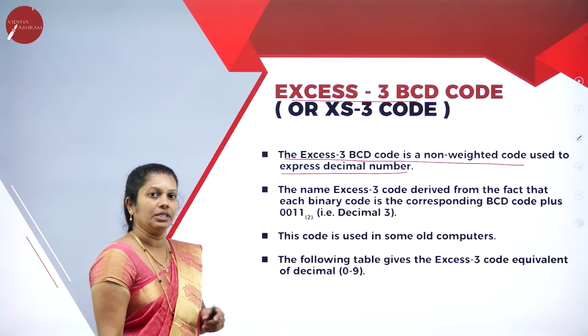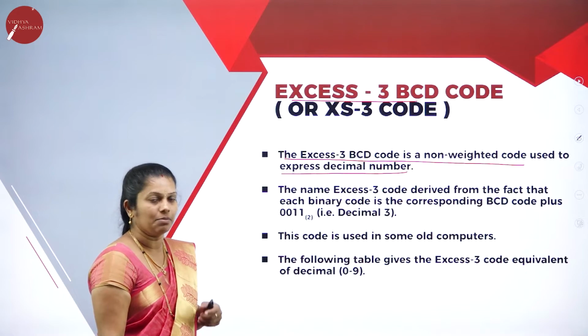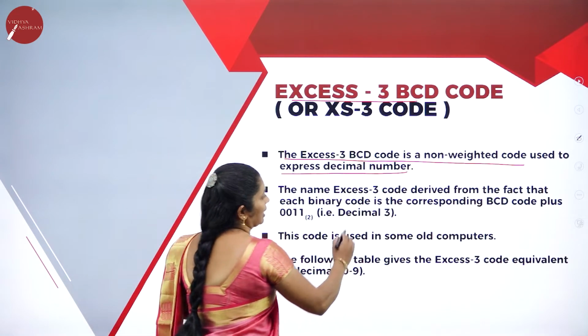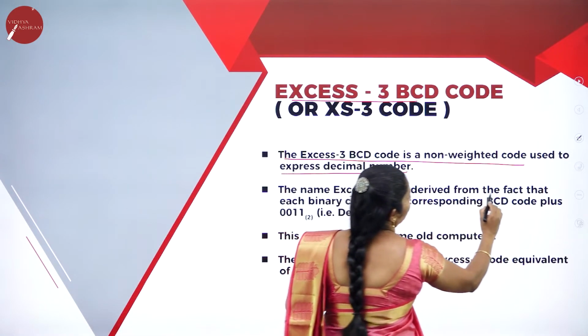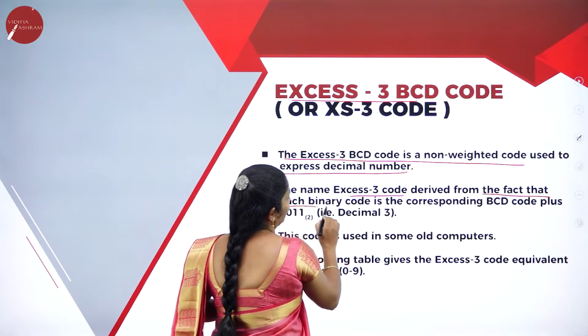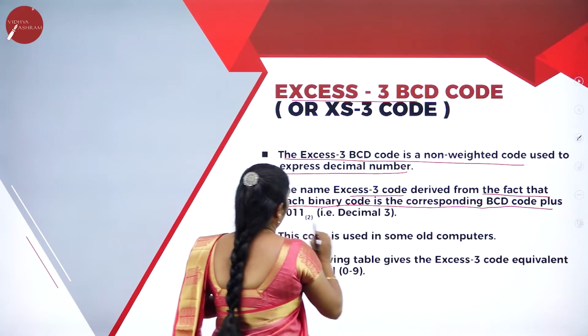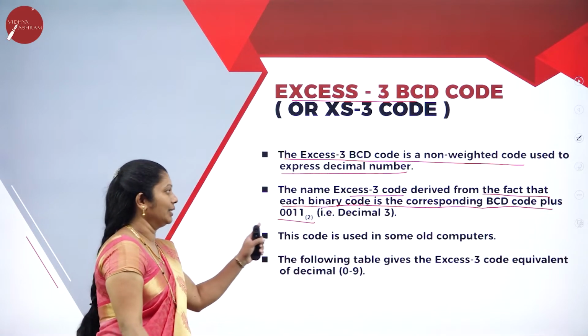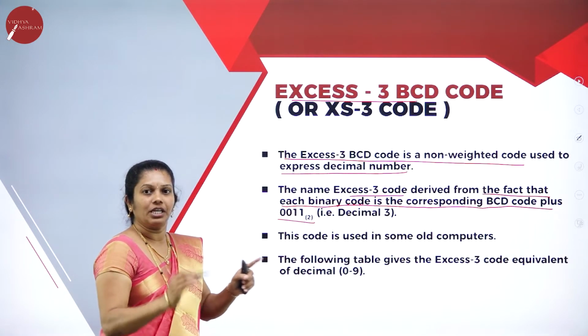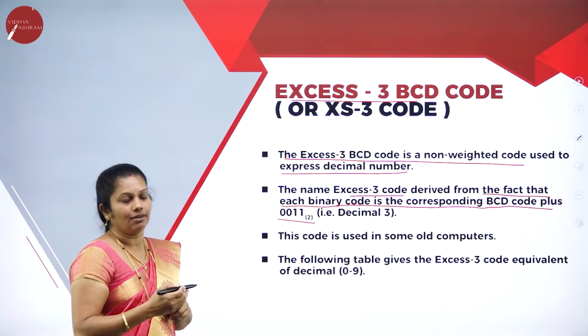Whichever number you want, we can represent by using BCD code. The name XS3 code is derived from the fact that each binary code is the corresponding BCD code plus 0011. That is, by adding 3 to each and every digit, we get the value.